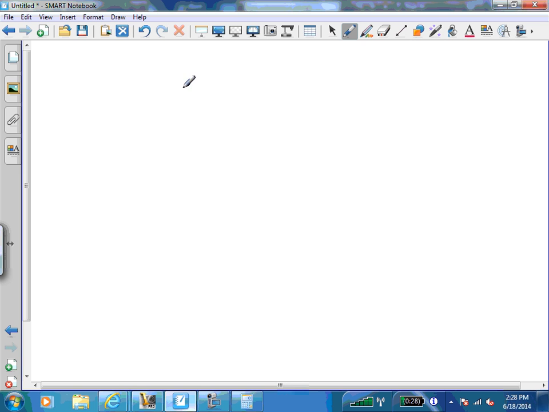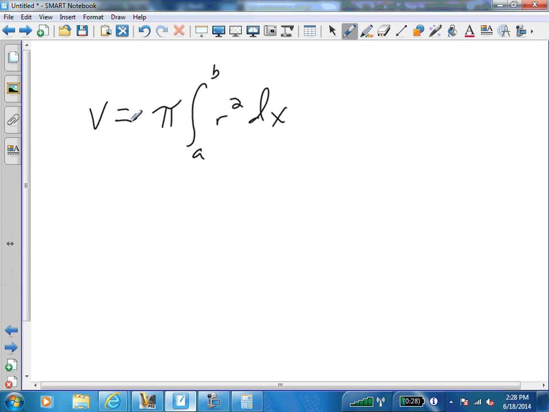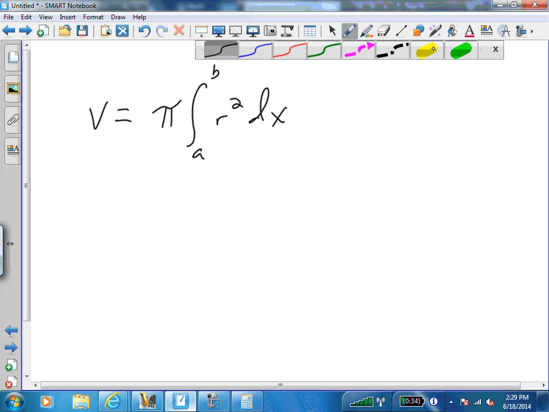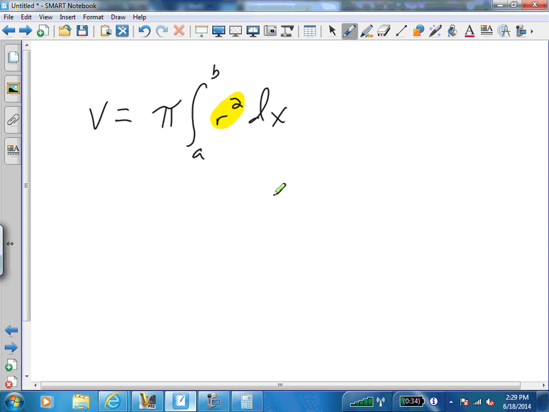Because if you think back to our example, we used one function over one interval, and we got like 4 different volumes, didn't we? The thing that's different about all of those is that they each had a different radius.